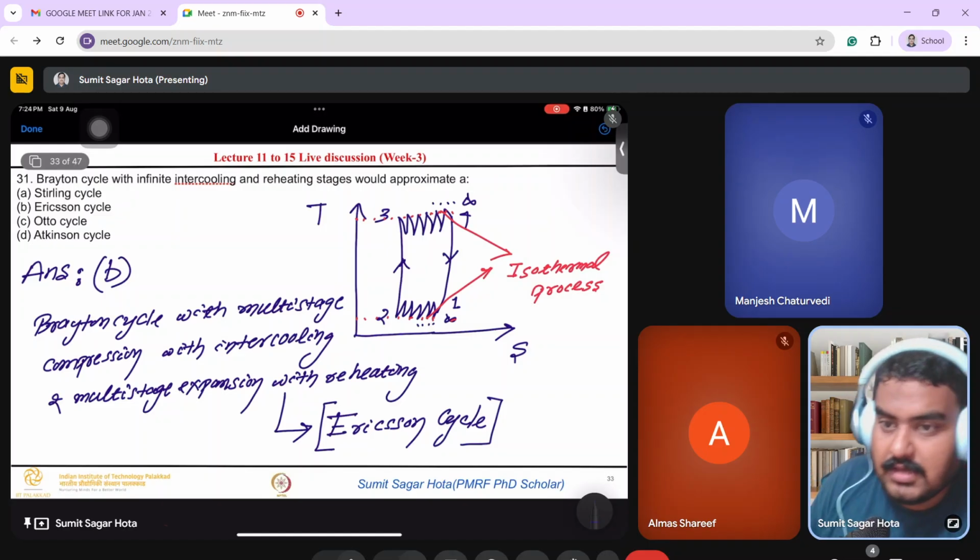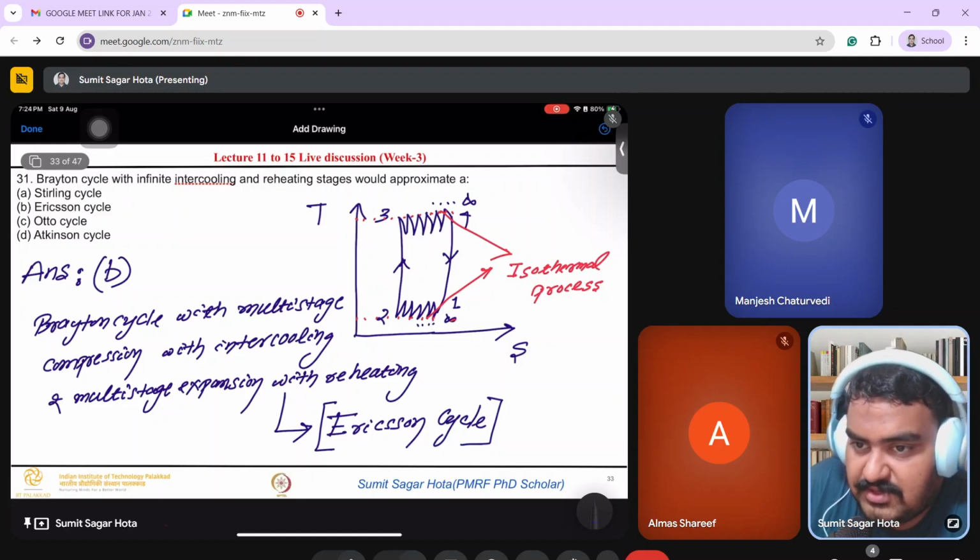The Brayton cycle with multi-stage compression with intercooling and multi-stage expansion with reheating is called the Ericsson cycle.